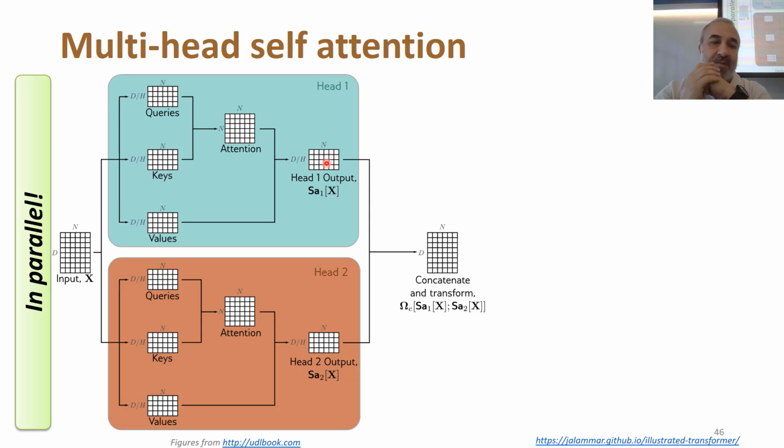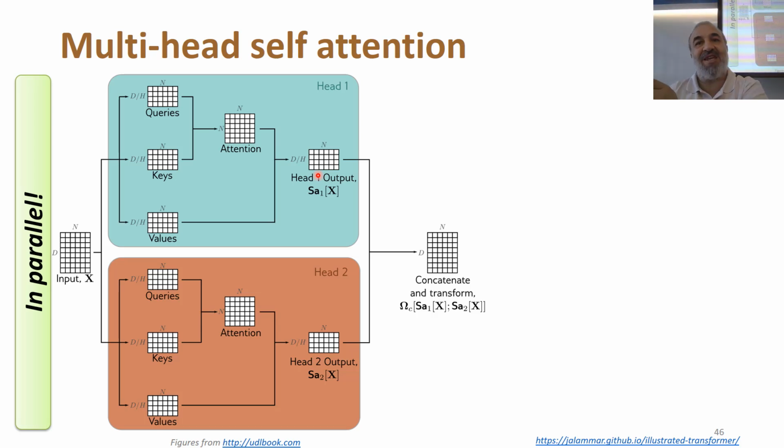For example, if the dimension here is 100 and we have 4 heads, then the embedding vector of the output of each head will be 25. So 25 from the first, 25 from the second, and so on. And then when we concatenate them, it will be back to 100.